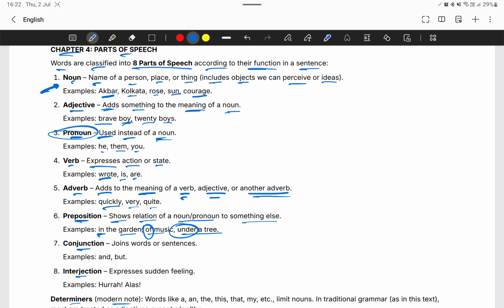Mira is sitting in the garden, or I would say he is doing work in the garden, he's standing in the garden, something like that. He is composing one of the best music. So somewhere it shows relations of a noun or pronoun. For the moment you just have to understand that it shows relation of a noun or pronoun to something else.